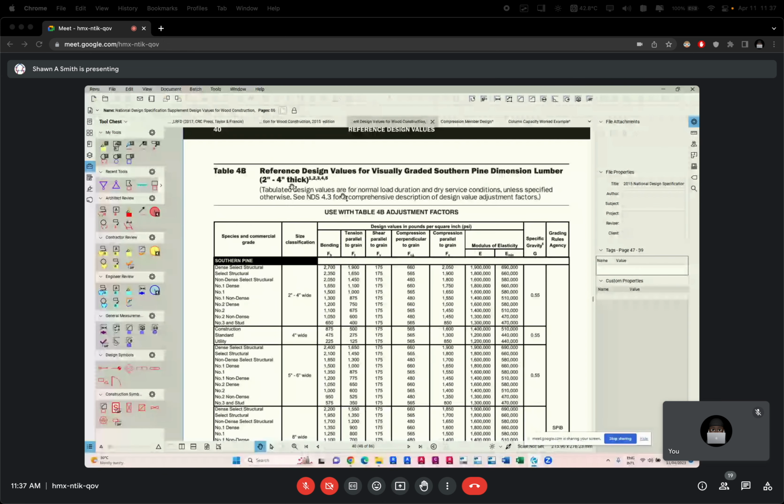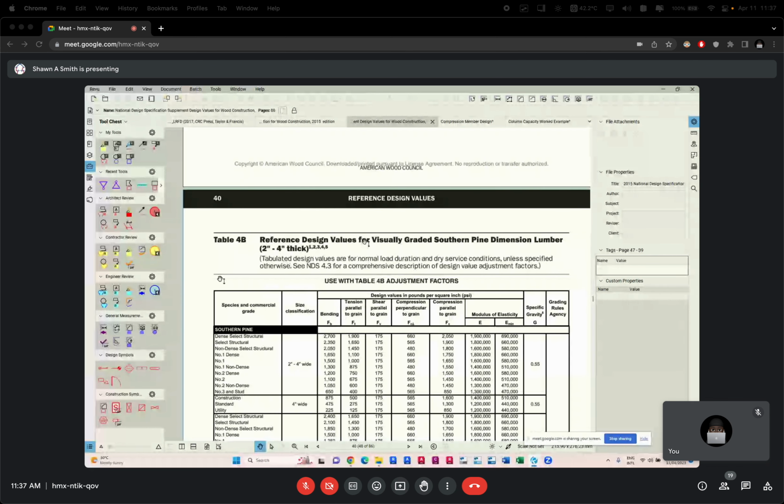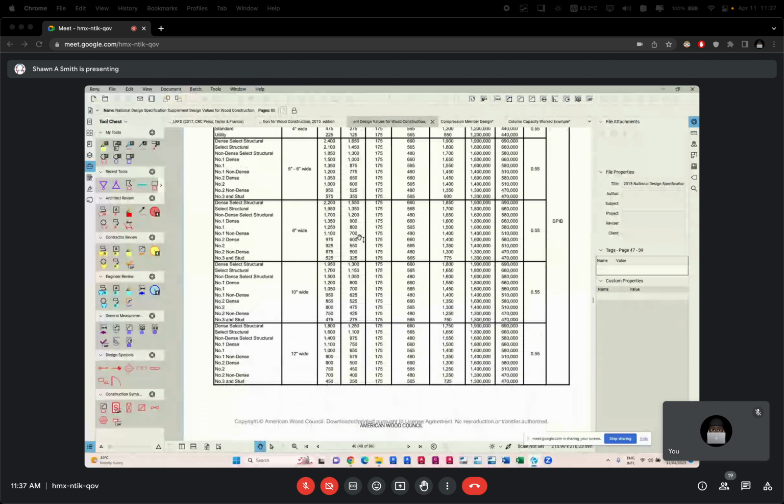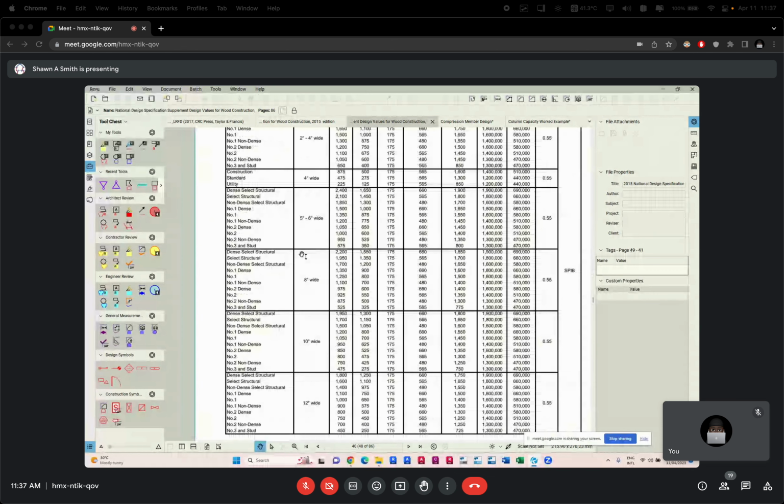All right, Southern Pine. And it says 2 to 4 inches thick. So we're looking for 4 by 4. 4 wide, 5 to 6 inches wide, 8 wide.